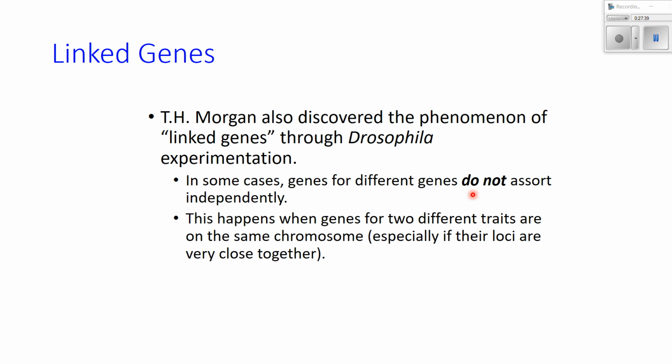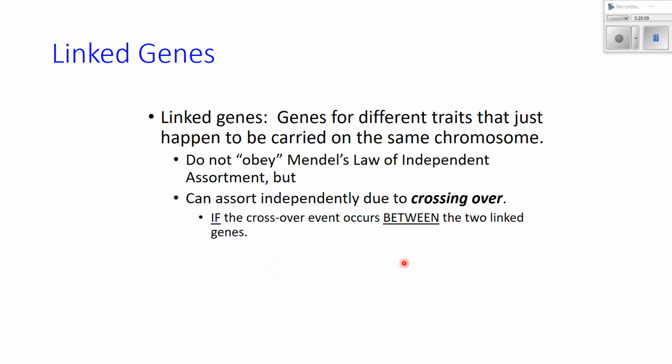And whenever you have genetic data that suggests that two genes are not following Mendel's law of independent assortment, it means that those two genes are linked. They are located on the same chromosome. And if they're really close together on the same chromosome, then they're definitely not going to assort independently.